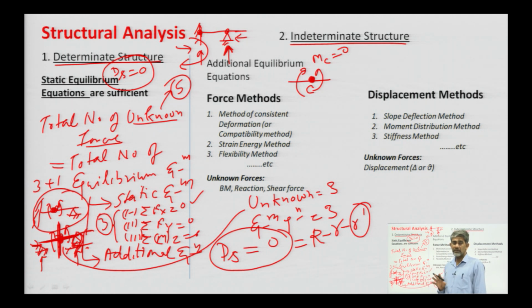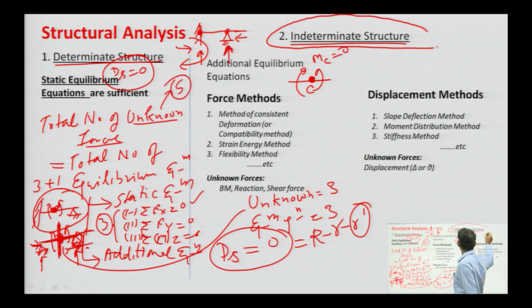And such types of structures, such analysis, come under indeterminate structures. So, indeterminate structures are those which have static indeterminacy more than 0, meaning 1, 2, 3, 4.